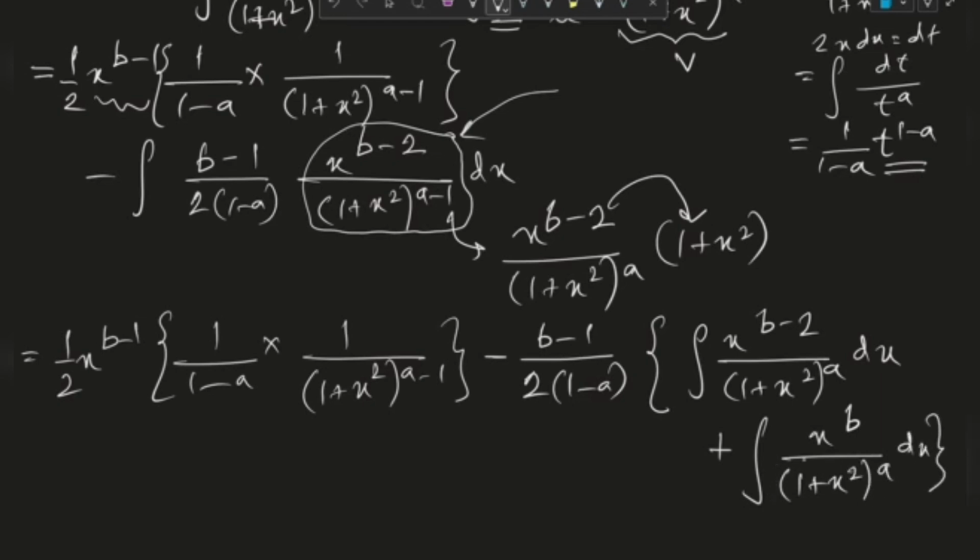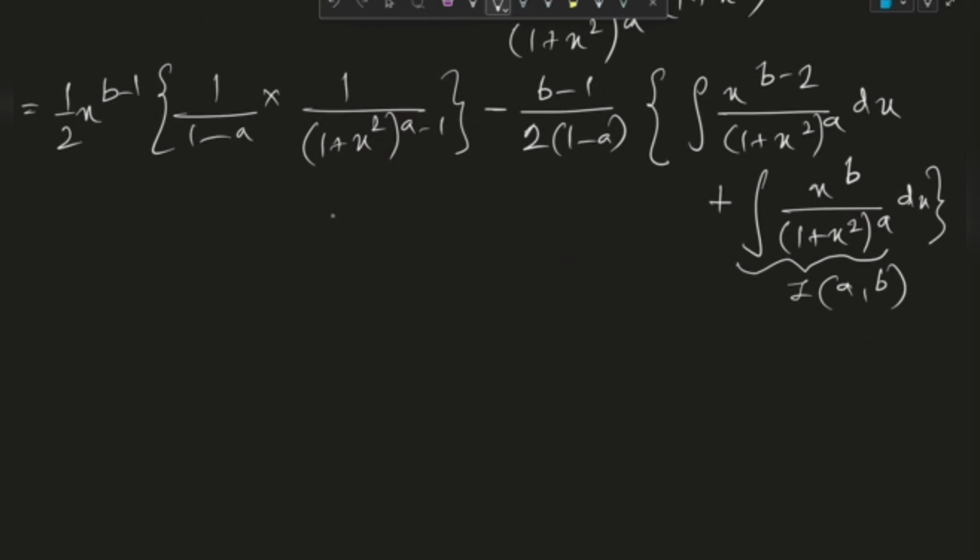And now I guess you can see this thing is actually what we need. This is I(a, b). So now if you notice this particular expression, this was completely equal to I(a, b) itself.